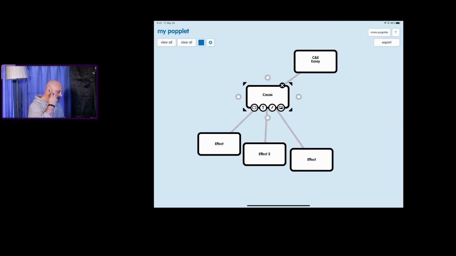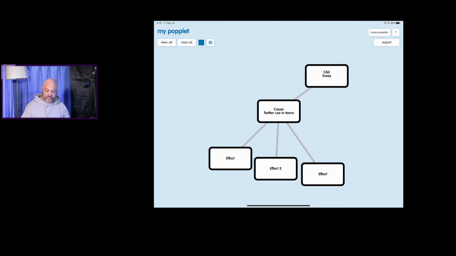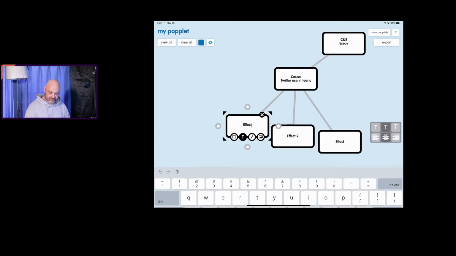I want to do cause. Cause for us, let's say social networks, right? Let's say Twitter. If I can spell it. Twitter use in teens, right? So Twitter use in teens, what kind of effects does that have?